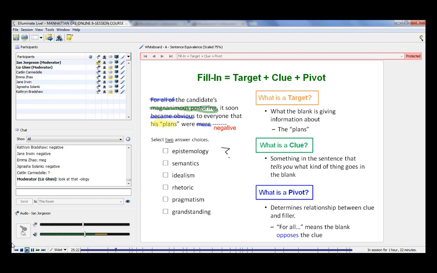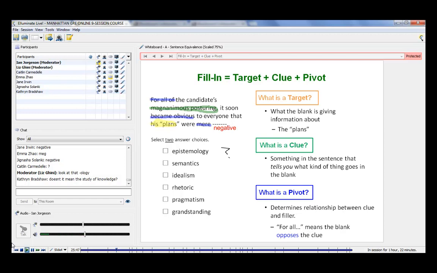Well, we'll put a question mark for now, but Liz has got a good idea. Look at that ology. Yeah, and Catherine's got it. Epistemology is the philosophy of how we know things. So the study of how, not just knowledge itself, but how human beings come to have knowledge. But we'll come back to that. I'm going to leave it as a question mark for now.